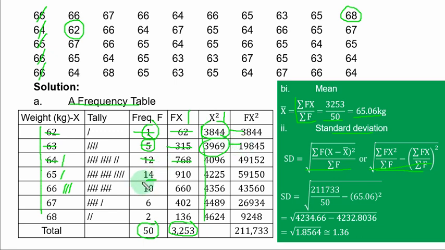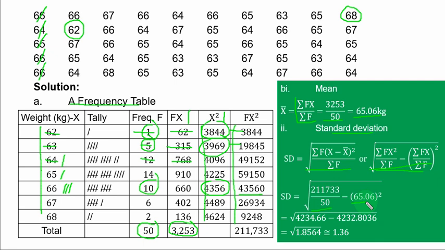Now let's jump to 10 times 4356, you get this result. Summation fs squared means you add everything in this column and you have 211,733.